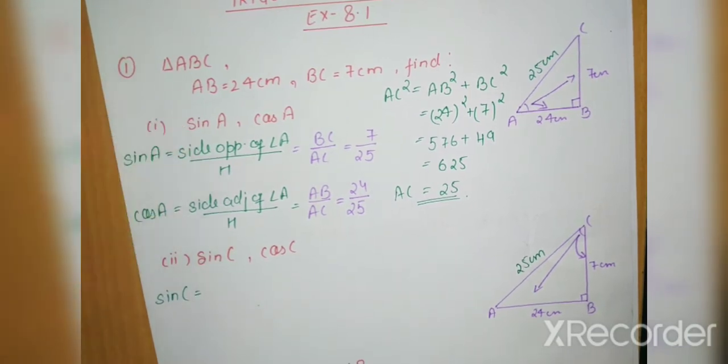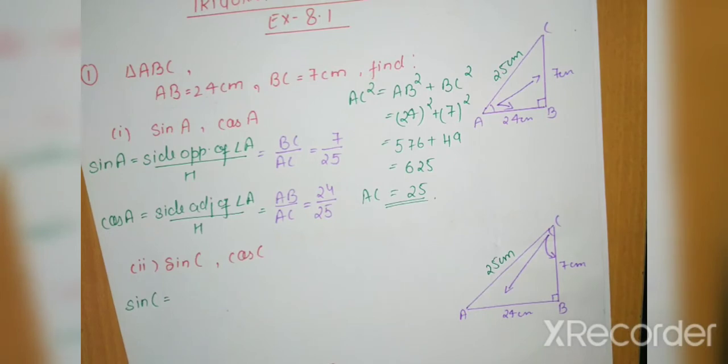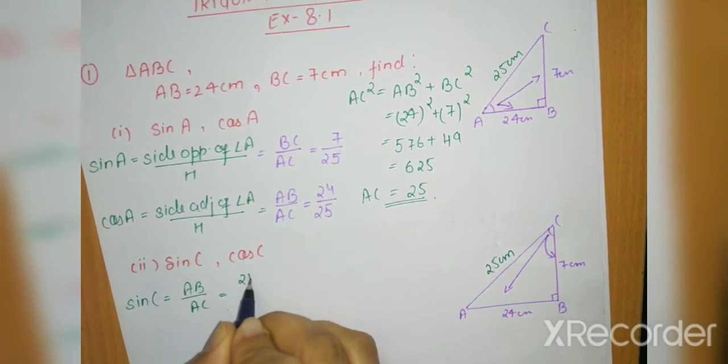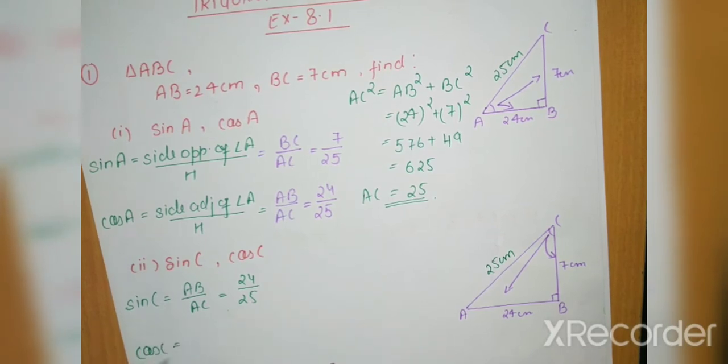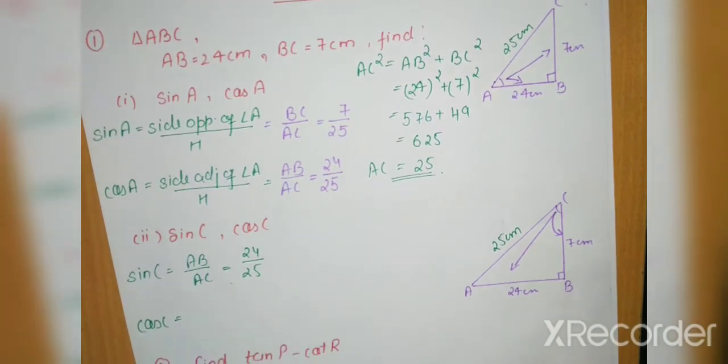Sine C means opposite side divided by hypotenuse. For angle C, the opposite side is AB by AC, that is 24 by 25. For cos C, in cos you always check the adjacent side. Adjacent is BC, so BC by AC, that is 7 by 25.